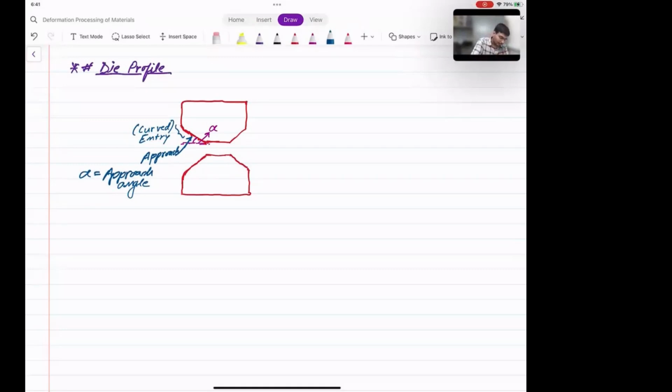So this is the bearing surface, and it is sometimes coated. Again, the tapered section towards the end here is known as the back relief, which allows the exit of the billet easily. So this is the back relief.